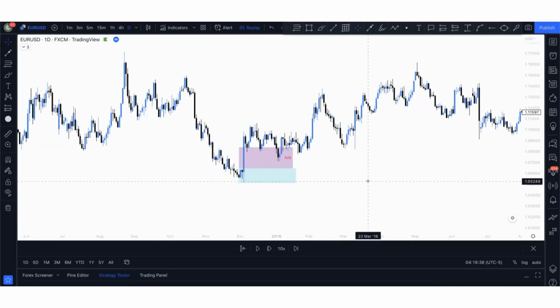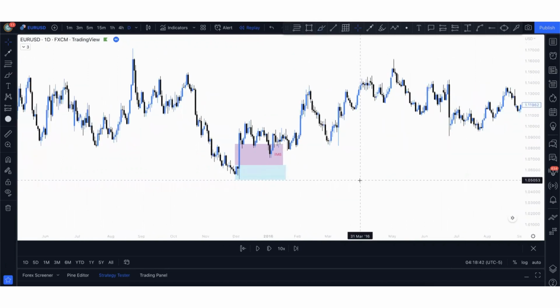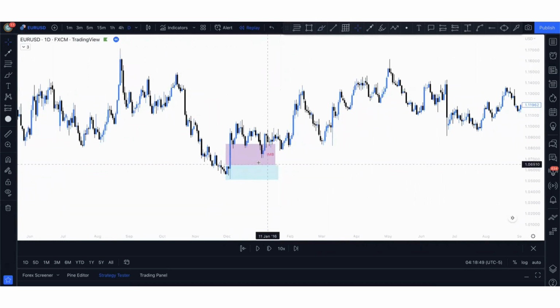So you just need to practice on the charts and check the order blocks. You need to give yourself time to see confirmations on the lower time frame, because we don't want to have gambling trades, right?